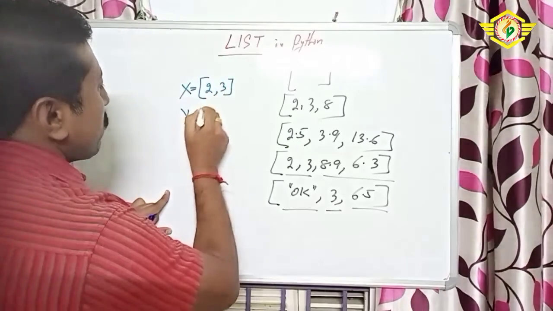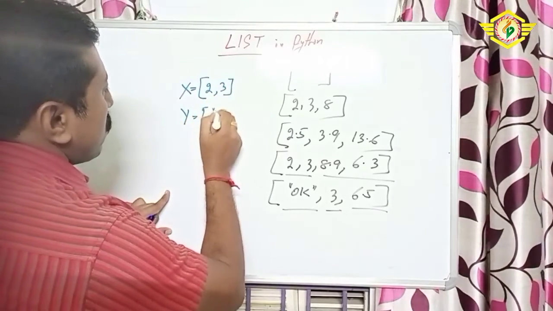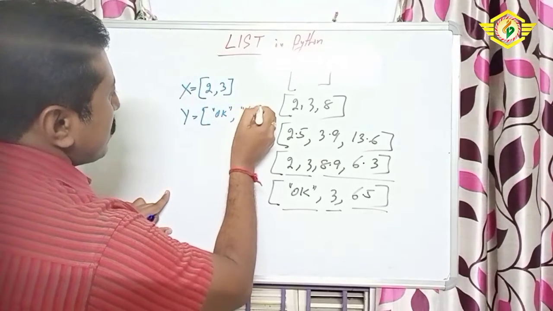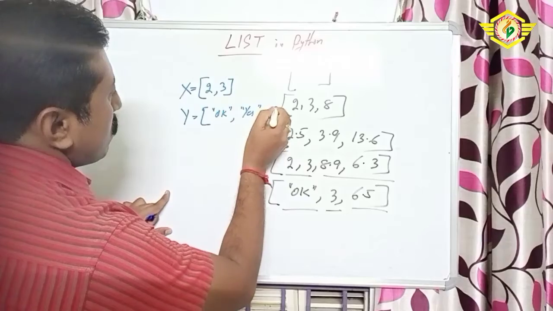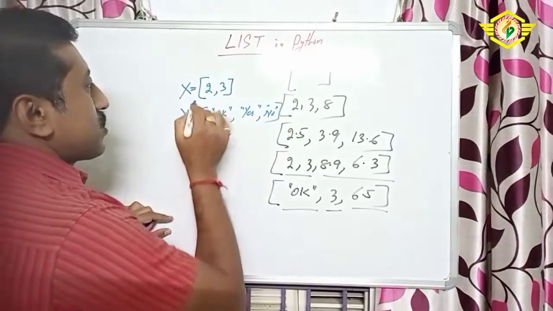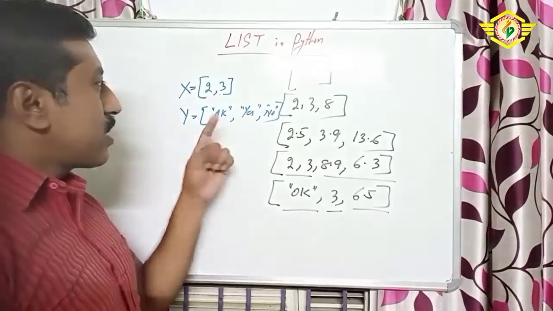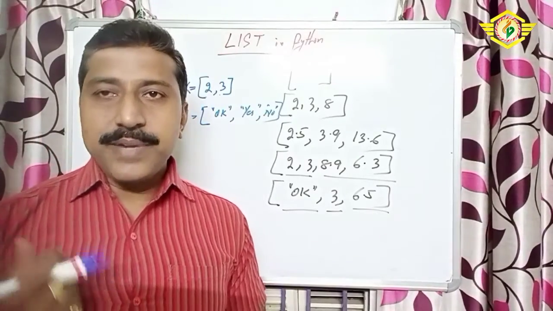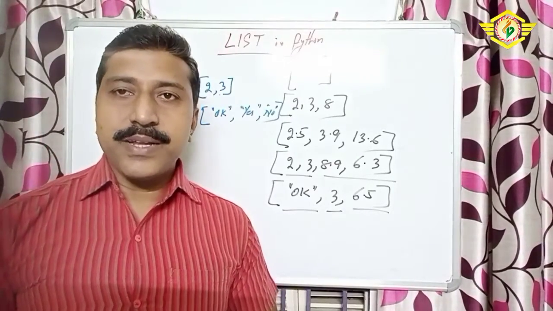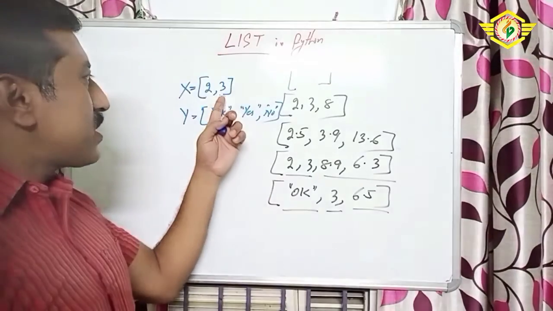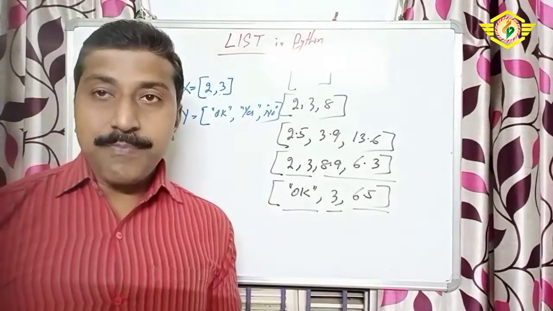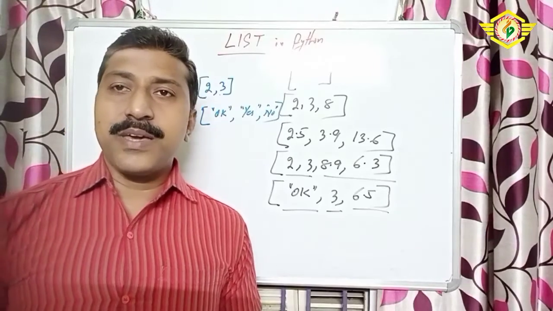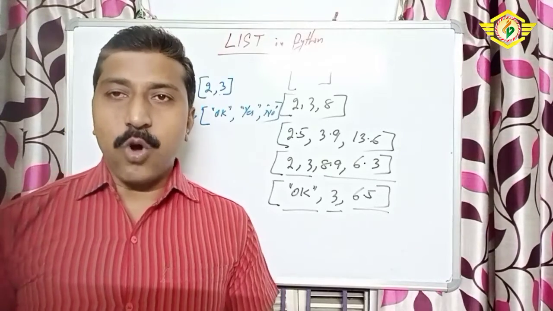Or we can write y equal to yes, no, etc. So these are the data elements and we can keep them within the brackets. If you are not entering anything, it is known as the empty list. A list may also be a long type of list, where many data can be stored.